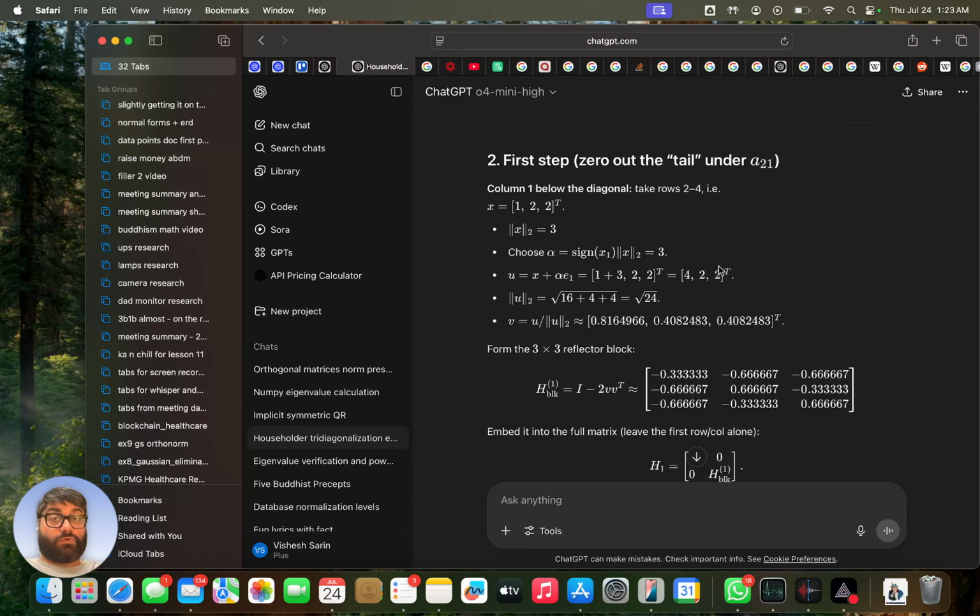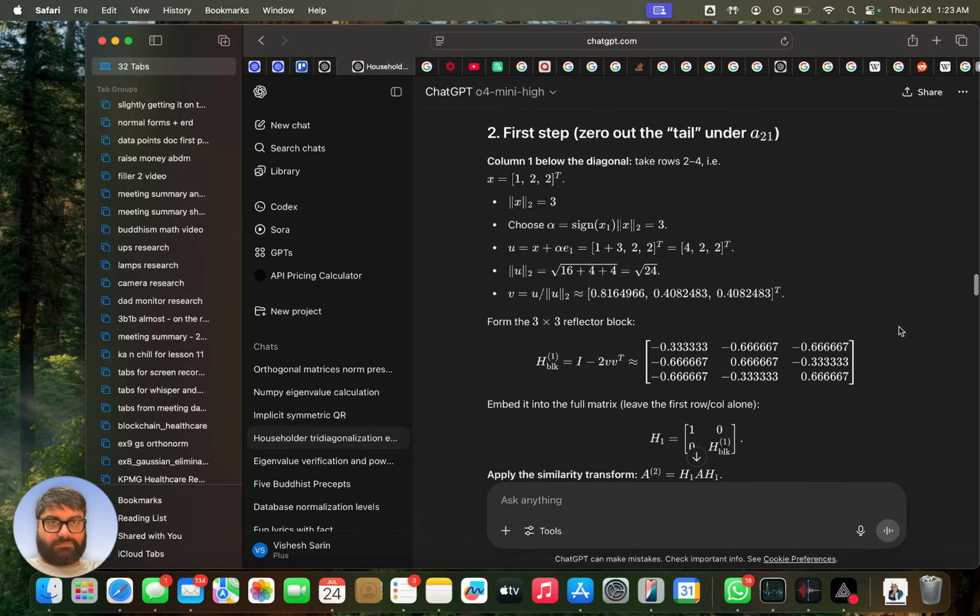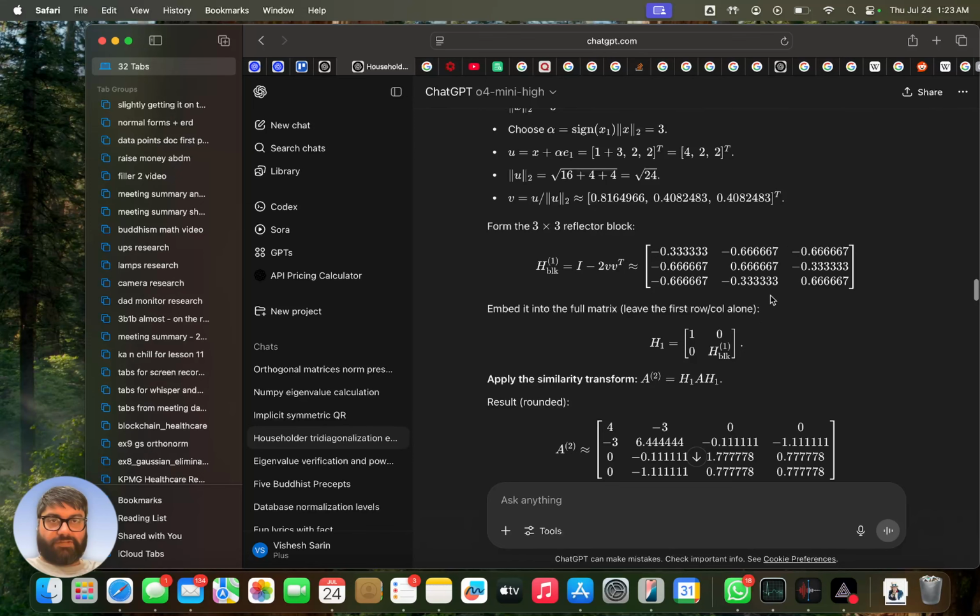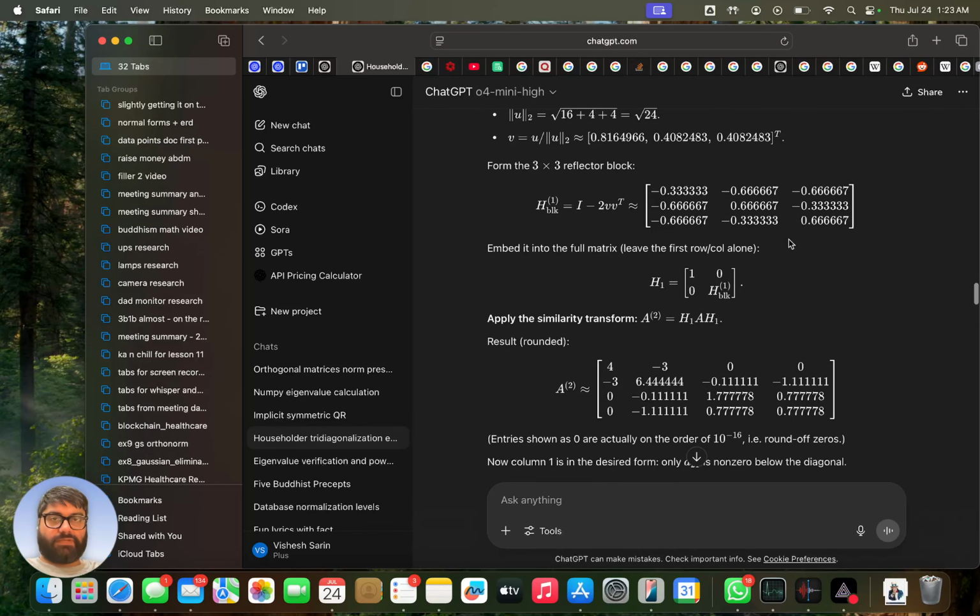You get the norm of this new vector, divide this vector by the norm to normalize it, and then you do I minus 2 times the outer product of that vector to get your Householder reflector, which you embed into the full matrix.